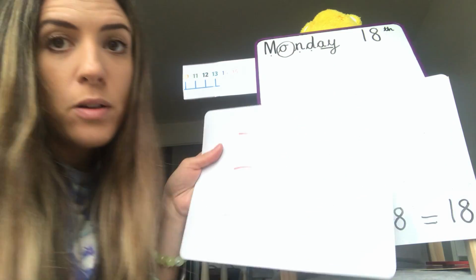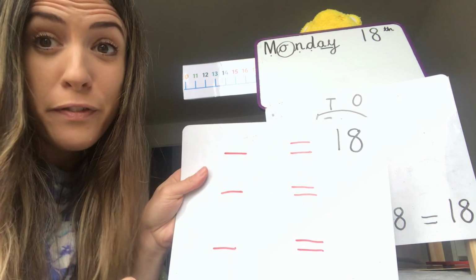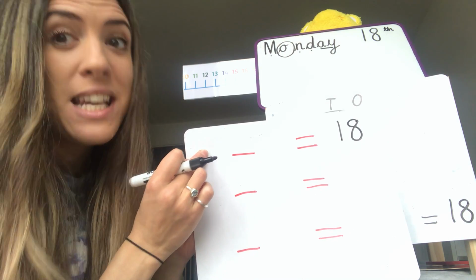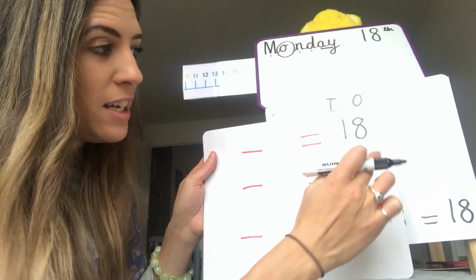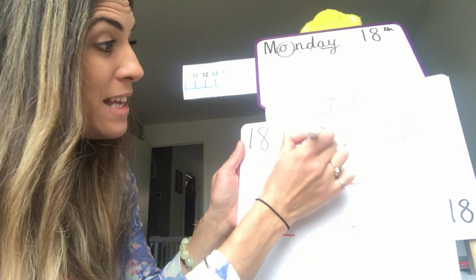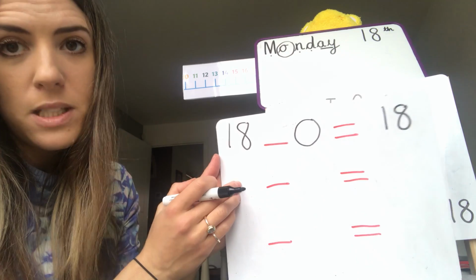Now, remember, if we're making 18, we've got to have 18 left. So, you've got to have a number that is, that's right, 18 or bigger to have 18 left. So we could do the one that we've often started with and take away 0. So we've still got 18.